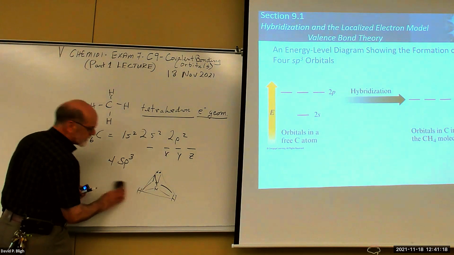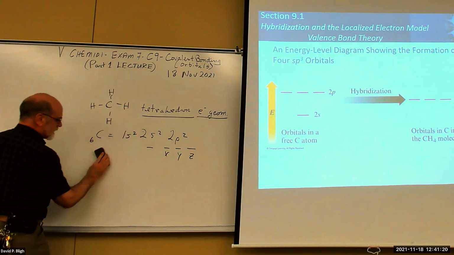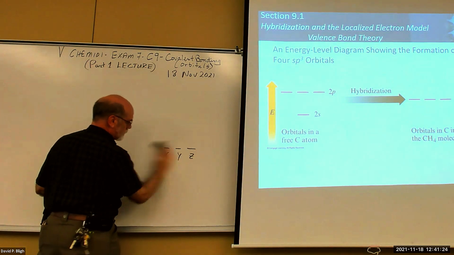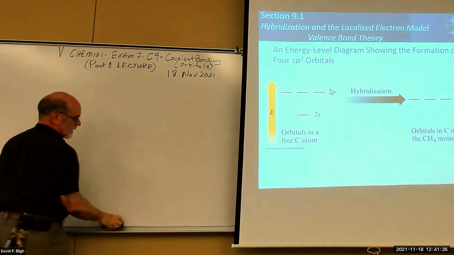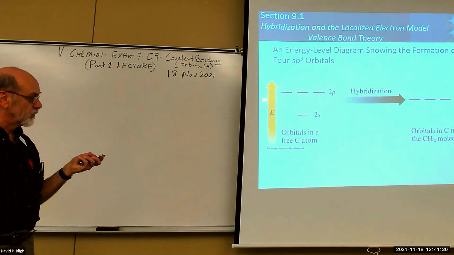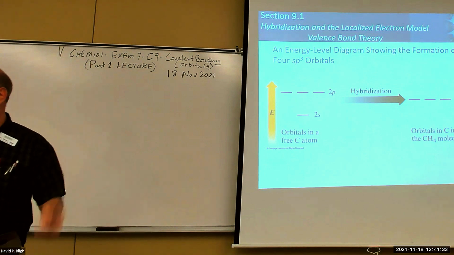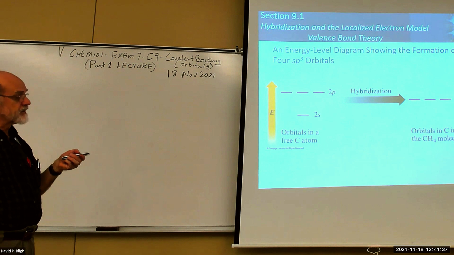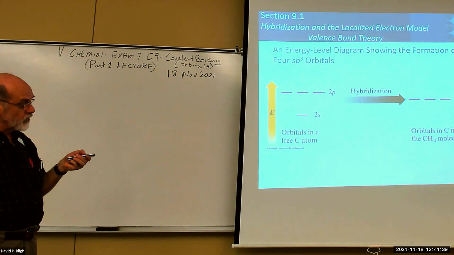So this slide tells us a little bit about what we expect from the energies of these hybrid orbitals. Now, it doesn't tell us the values right here. What would that value be? Don't know. The model doesn't tell us. But it does tell us that the energy of these orbitals should be somewhere between the p's and s's.